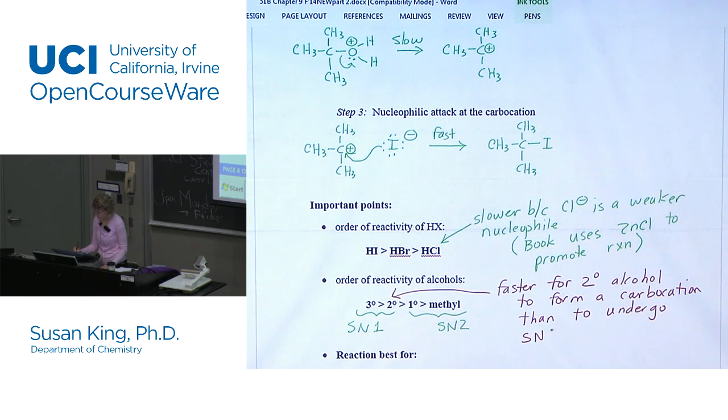So SN2. Maybe surprising, but that's actually the case. It's actually faster. And that's because SN2 on a secondary alkyl halide is beginning to get very sterically hindered, and that slows the reaction down tremendously.